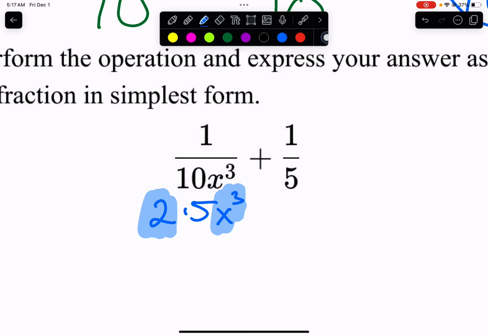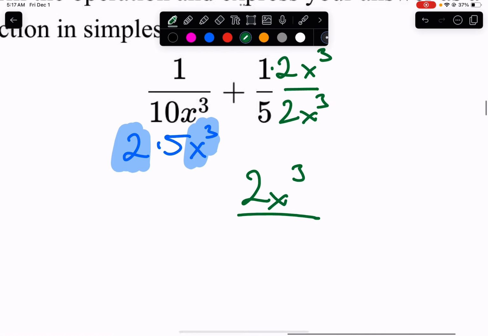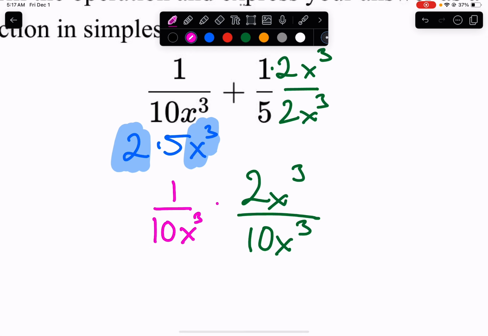So we can multiply the second fraction by 2x cubed over 2x cubed. When we do that, we get 1 times 2x cubed, which gives us 2x cubed. And on the bottom, we get 5 times 2x cubed, which is going to give us 10x cubed. And we didn't do anything to the first fraction, so it remains the same.